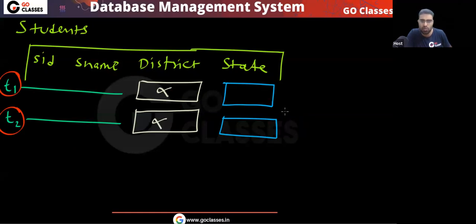Yes or no? If district name is same, for example Jaipur, Jaipur, then state name should be same. So I should put Rajasthan here.